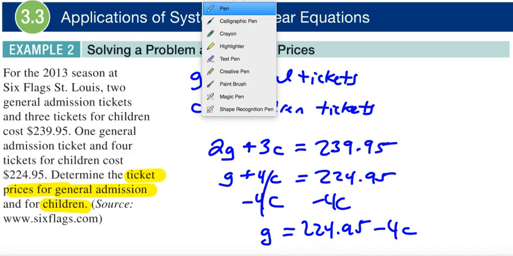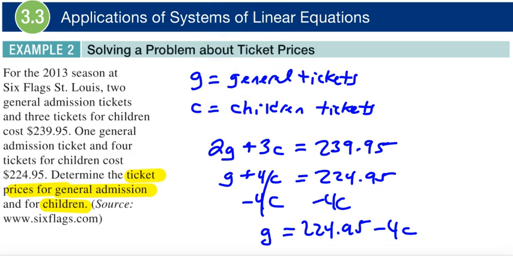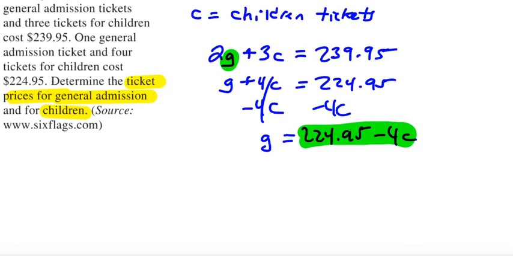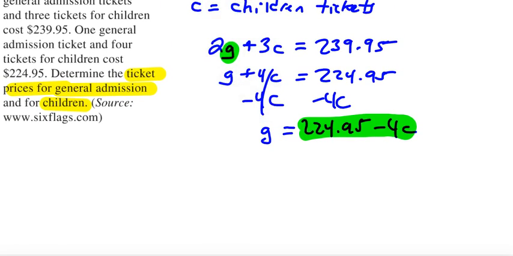Which is nice because now when we look at our second equation, we can go ahead and substitute that. I can take this right here and substitute that in for G because that's what G equals. All right, so let's go ahead and do that. I'm going to use this equation right here.